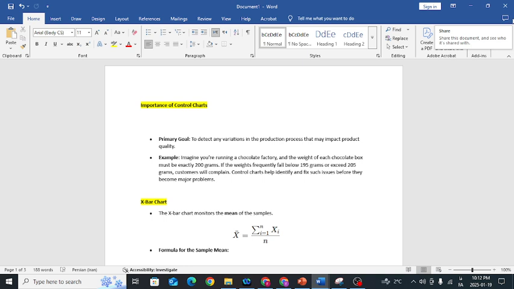If the weights frequently fall below 195 grams or exceed 205 grams, customers will complain. Control charts help identify and fix such issues before they become major problems.